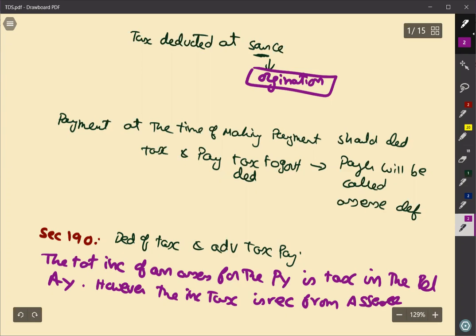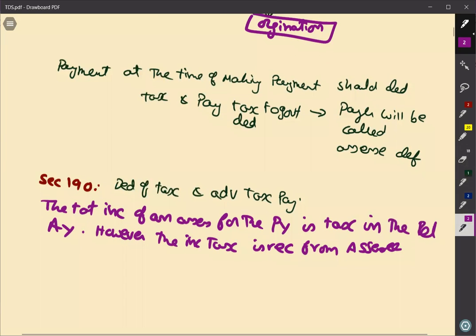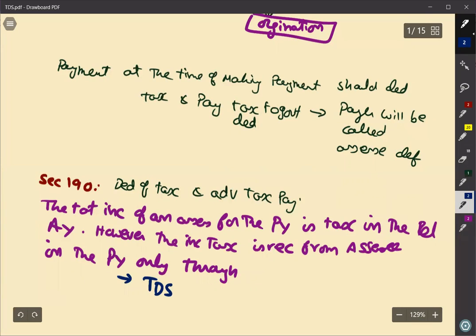So you are recovering the income tax from the assessee in the previous year only. Through what? Through something called tax deducted at source and something called advance tax payment. This is another chapter, we will discuss it at a later stage.